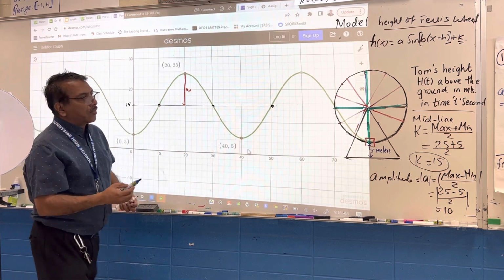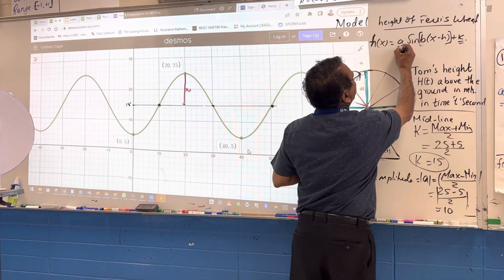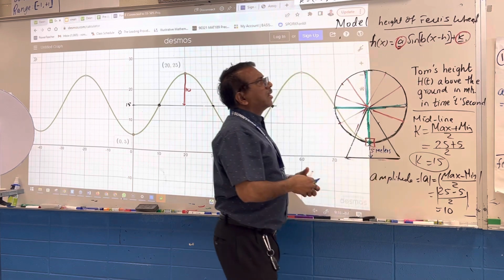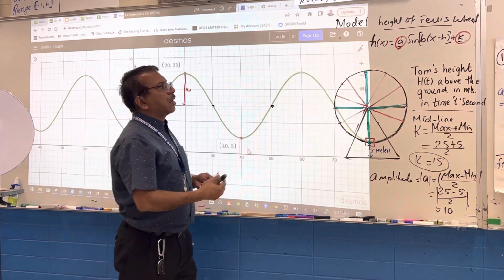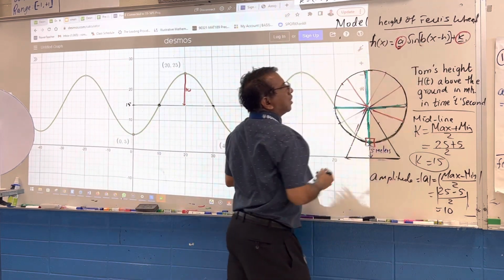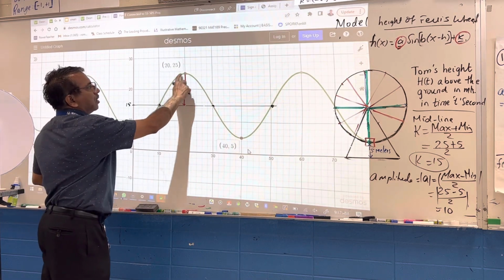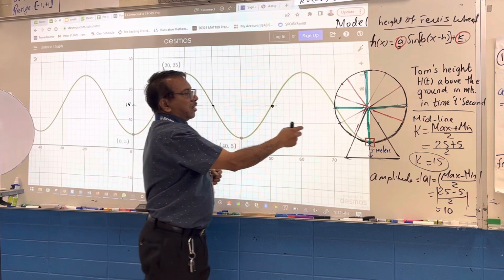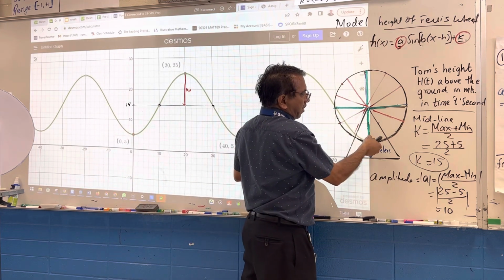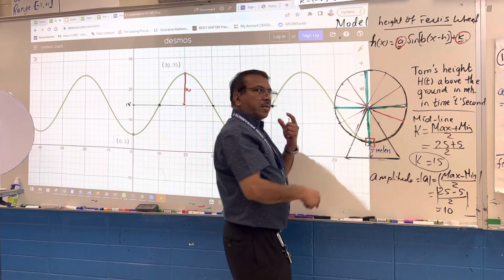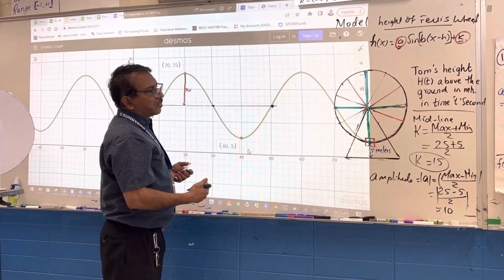Now we are done with the first part. We know this one, and the second thing is, what is B? B is related to how long it takes to complete one cycle. If we start from here, it goes back there, because when Tom is right here, for him to go back to the same height, it takes 40 seconds. So that means the period is 40.